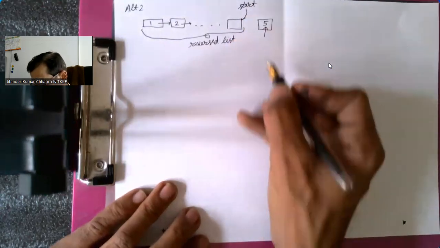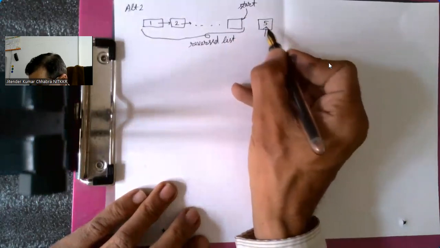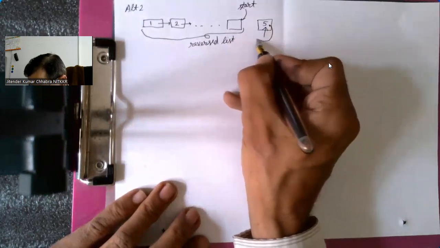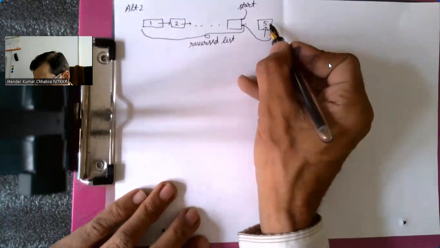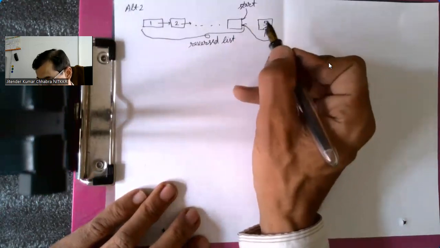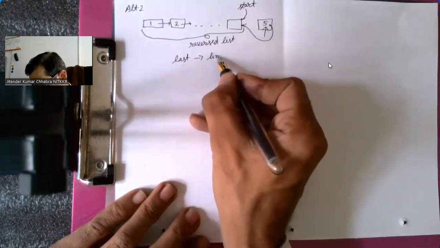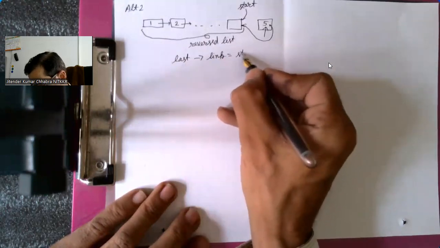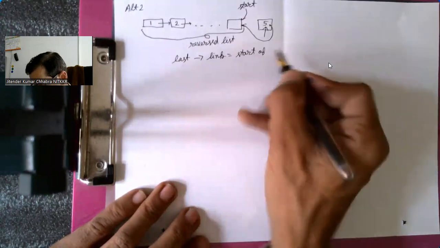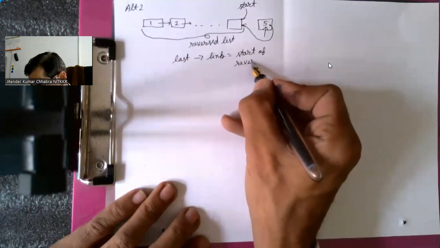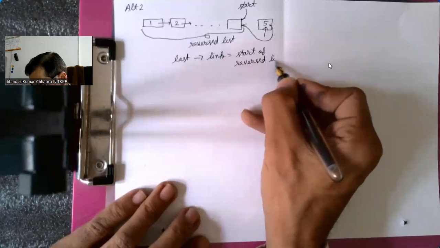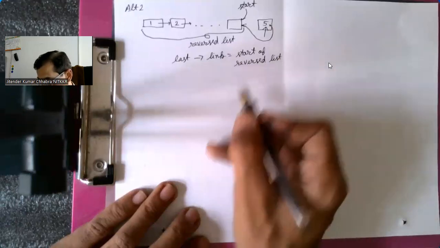And then after this, I'm going to change the link of the last node to the reversed list. So I effectively say the last arrow link is equal to the start of the reversed list. And that's it.